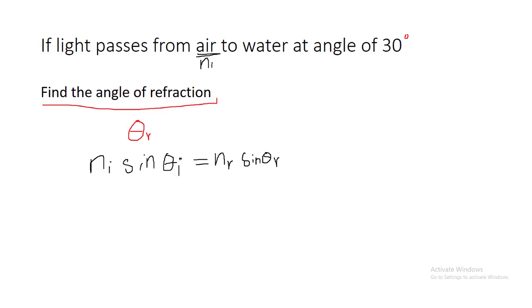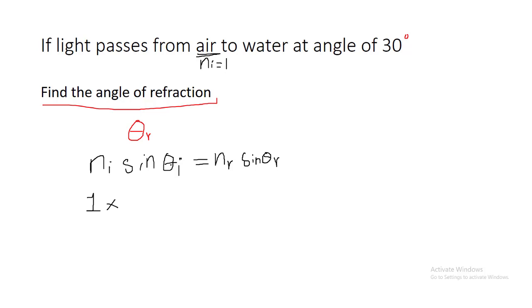For air, according to the table on page 144, the Ni equals 1. It simply equals 1. So instead of writing Ni, I'll just insert the value back in. I'll insert 1. Then multiplied by, because whenever you have an invisible operation, that means this is a multiplication. That's in mathematics. So then you have sine theta i.